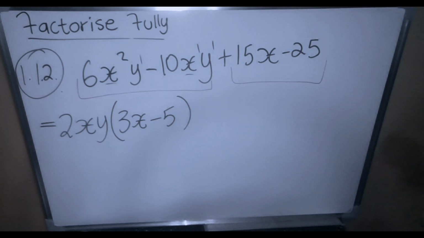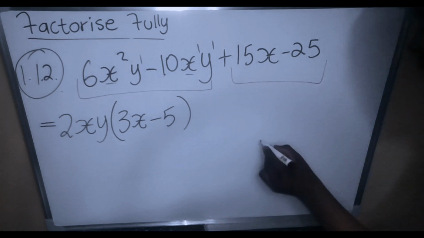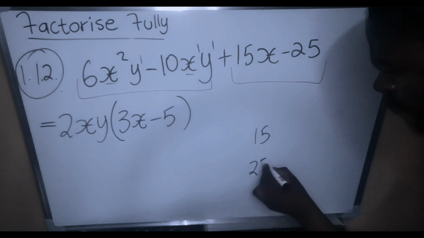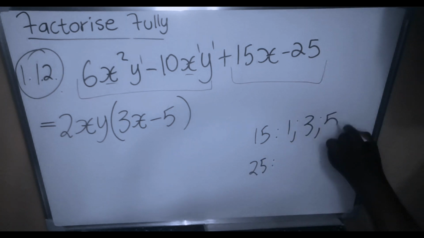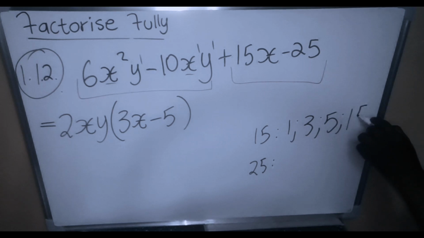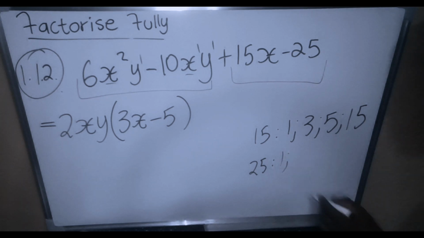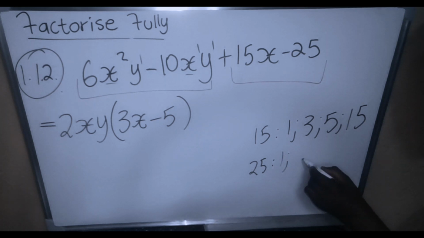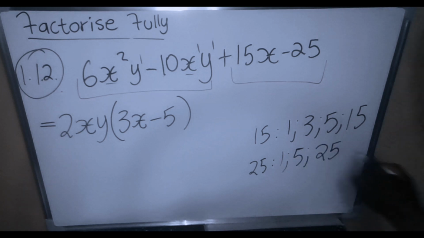I'm going to take out the highest common factor. Now, 15 and 25. What are the factors of 15 and 25? For 15: 1, 3, 5, and 15. Are we clear here? Now, 25 again: 1, 5, 25.